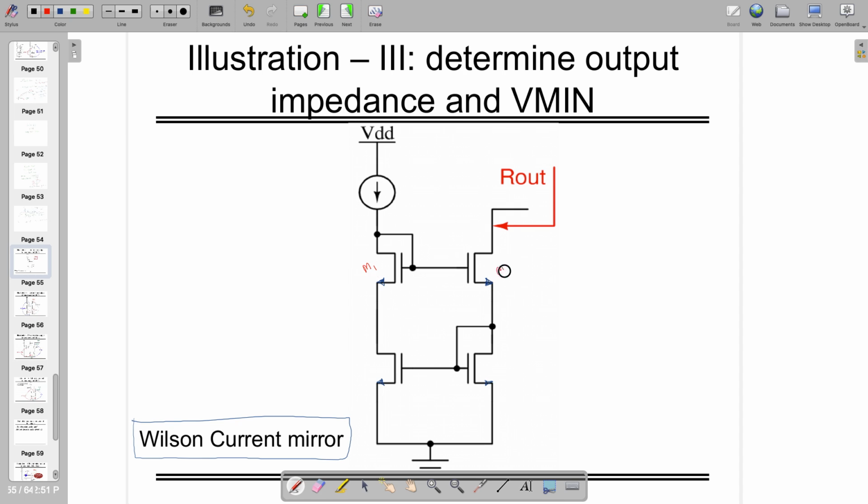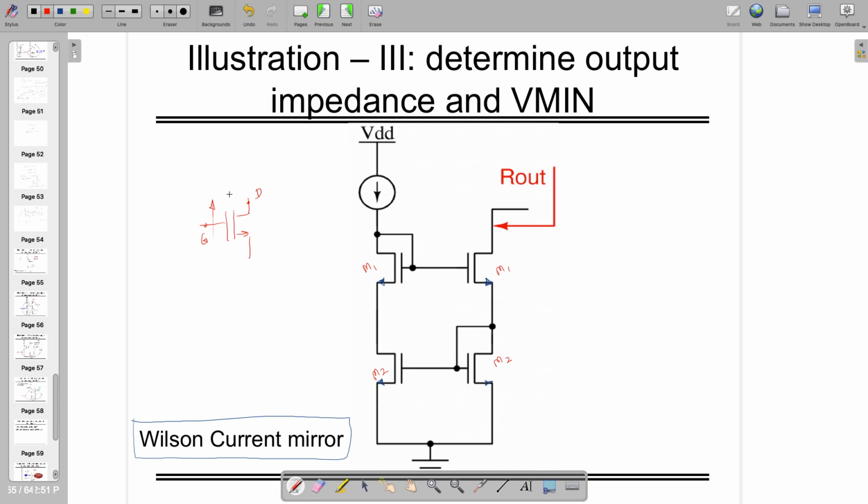So if this is M1, this is M1, and this is M2, and this is M2, you can see that there are two places where there is a negative feedback. First of all, we know that if you are connecting the gate to the drain potential, it's actually a negative feedback because the gain is negative from this point to this point.